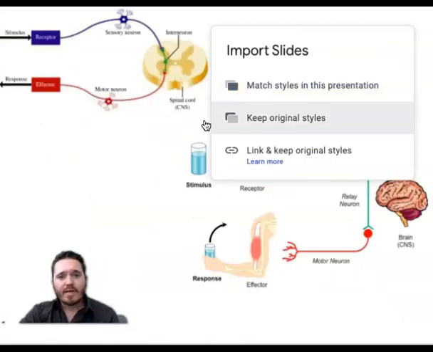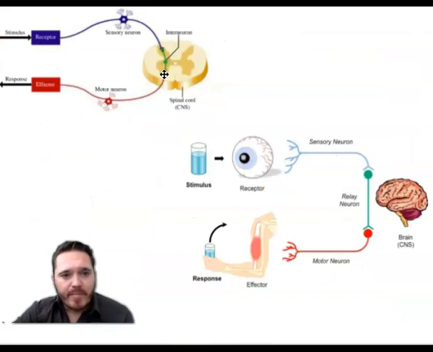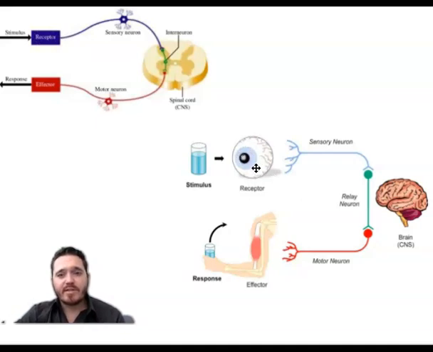So here's a quick example just showing how there could be a stimulus that is received by some receptor cells, such as the cells in your eyes. In this case, the eye is looking at a glass of water. There's a sensory neuron that would pick up the signal from the receptor cells on your sensory organs, and then the sensory neuron is going to transmit that signal to a relay neuron that would be in your brain.